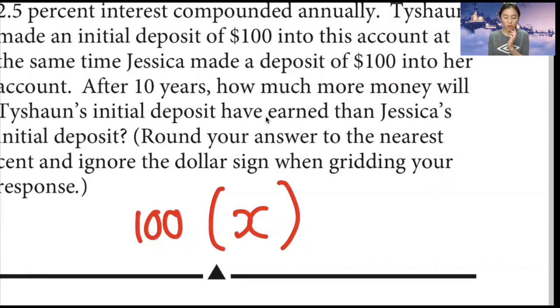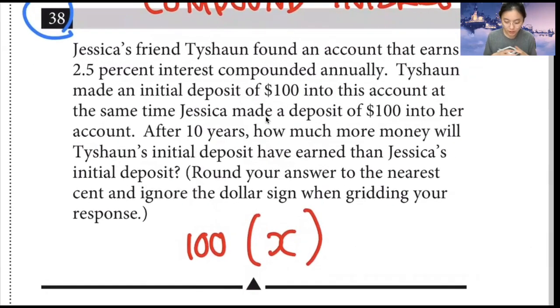For Tyshawn, we know that it's growing 2.5%. So the X is going to be 2.5%. And then the year at the top. So 10 years, right? That's going to give you the future value.